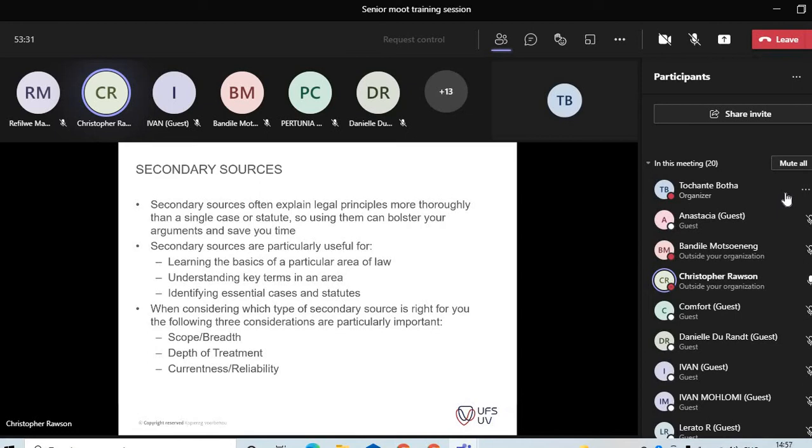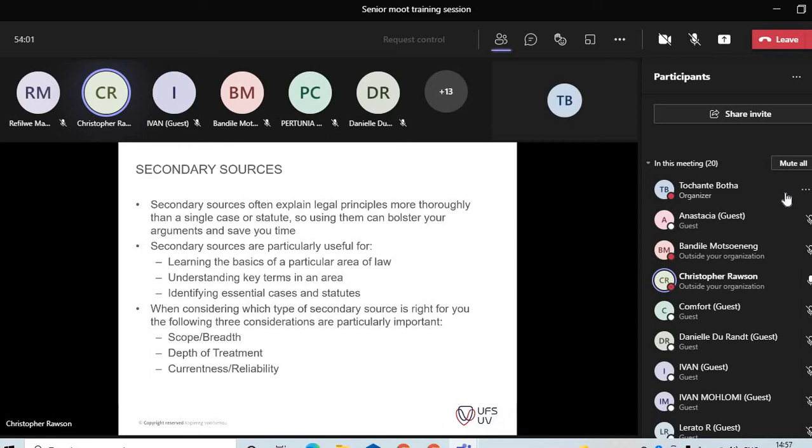So let's say we're dealing with the hypothetical set of facts that I gave you earlier. If we came across a secondary source that was just generally dealing with discrimination in the workplace, for example, that does not deal with all of the essential characteristics of our set of facts, as much as if we found something that dealt with virginity testing for a bursary specifically.